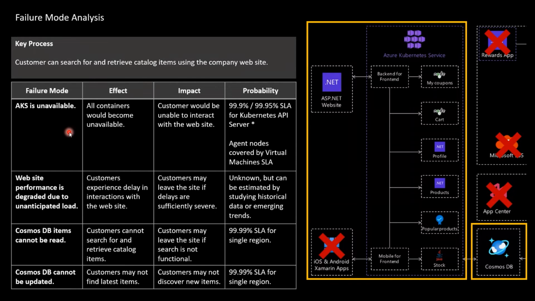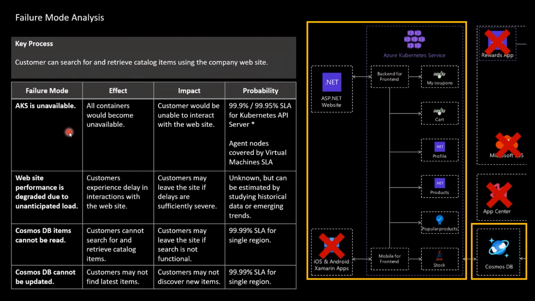And that delay may be as serious as an outage if the delay is significant. You may find your customers wanting to go to a competitor's site that isn't experiencing these kinds of performance issues. So it's just as serious, and it's not necessarily dependent on a particular component being completely down. So again, the impact is that the customer may leave the site, which is obviously another bad day.